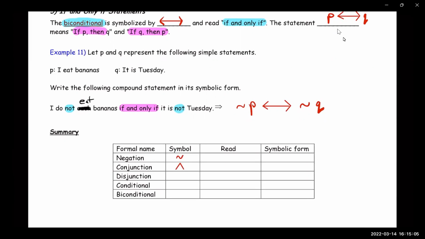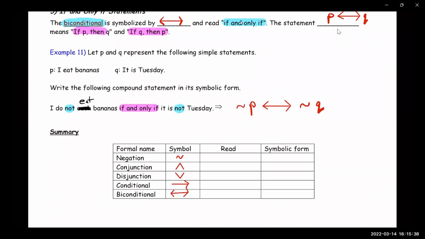It's that upside down V. Disjunction, that's your V. Conditional means one-sided arrow, yeah. And biconditional means two-sided arrow, the arrow going in both directions.